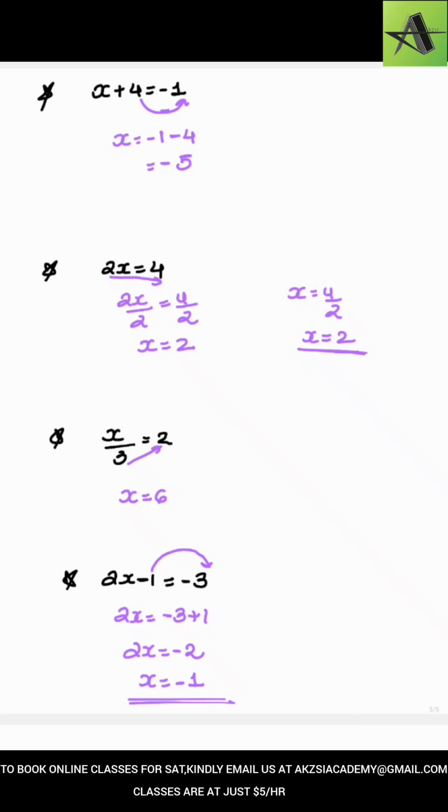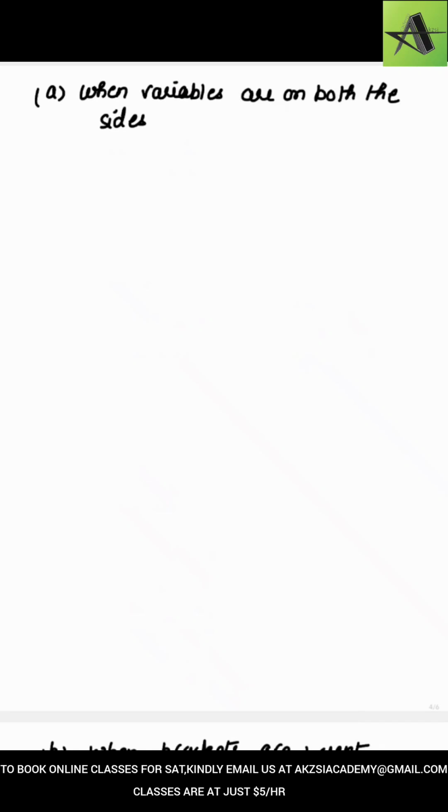Then let me do some variations of linear equations. So when variables are on both the sides, say for example, this one is the question. x plus 3 is equal to 2x minus 4. You can clearly see that the variables are on both the sides.